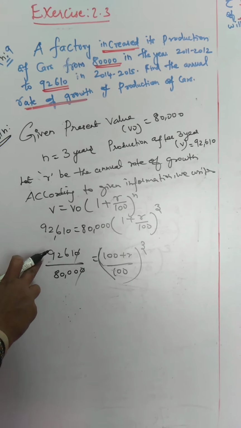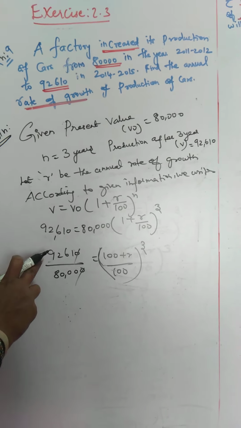As powers are equal, we can say bases are also equal. So which implies 21 by 20 equals 100 plus R by 100.